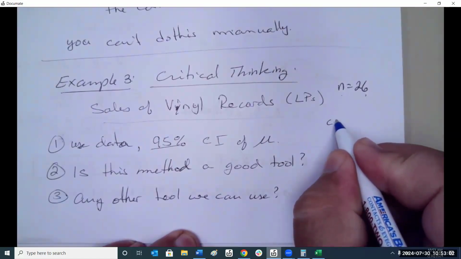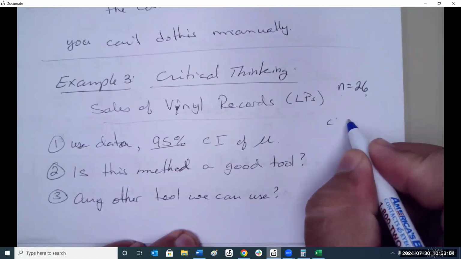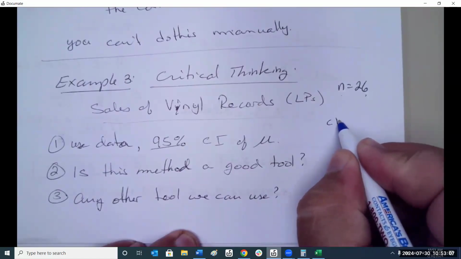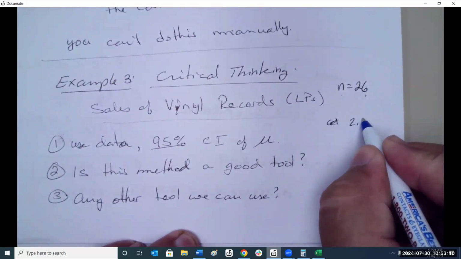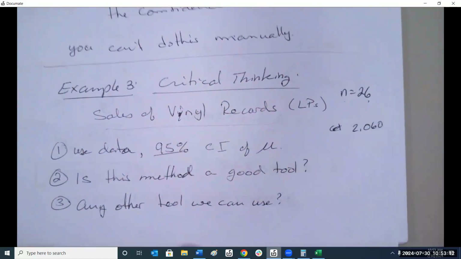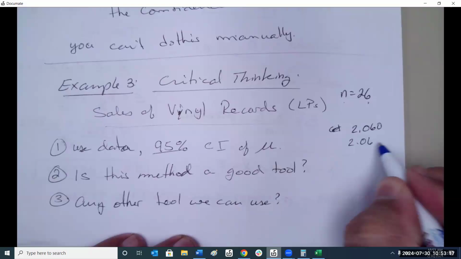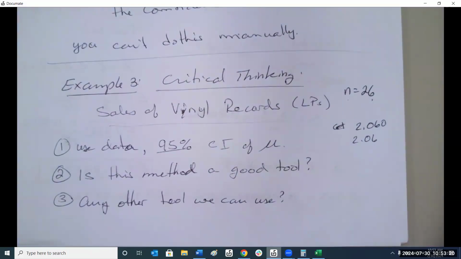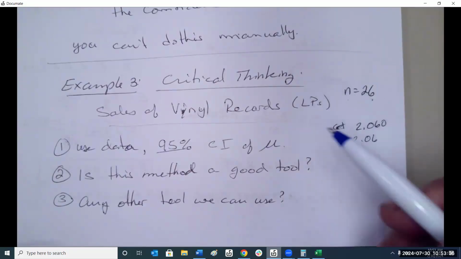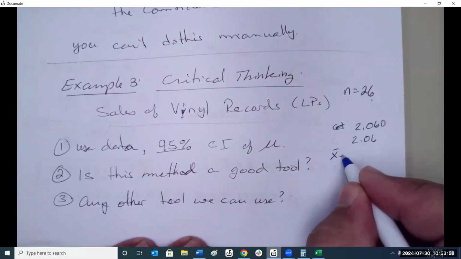So the t value is going to be 2.06. We have to find our mean, by the way, because remember what we're looking for.